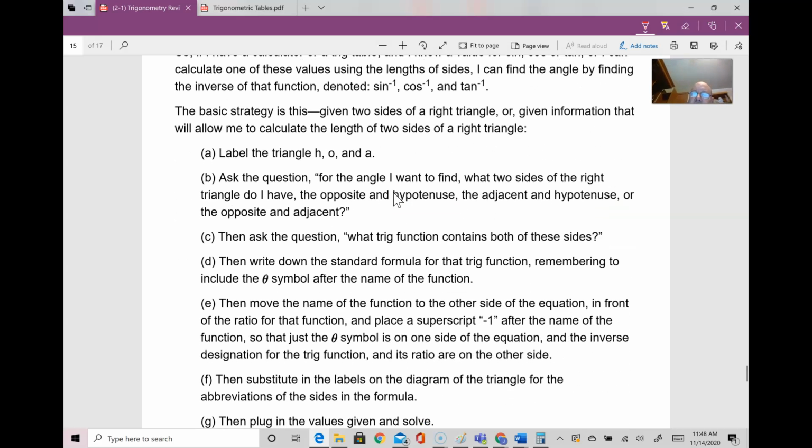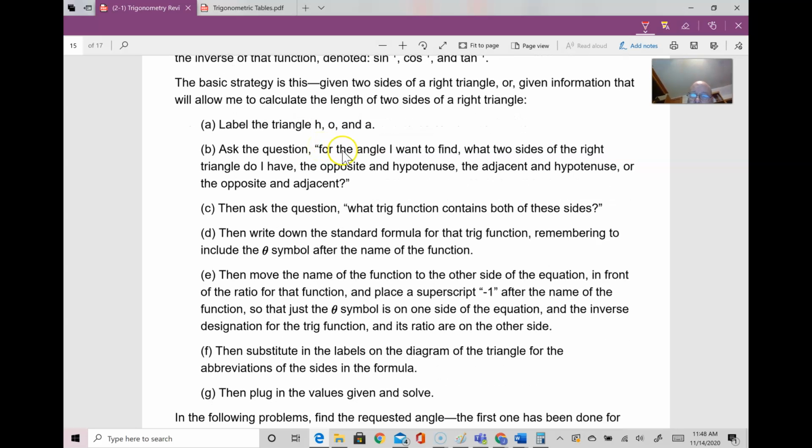So the basic strategy is this: if I have two sides of a right triangle, I can find the angle, and I'm going to start out just like I did last time. I'm going to label my sides, and then instead of asking what side have I been given and what's the angle, or what side do I want, I'm going to say what two sides have I been given.